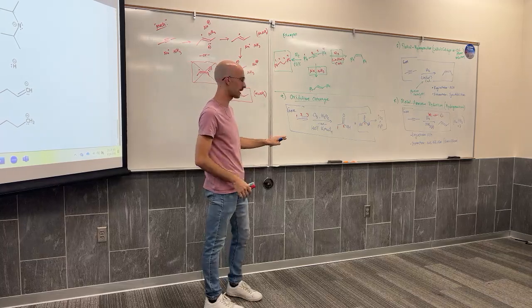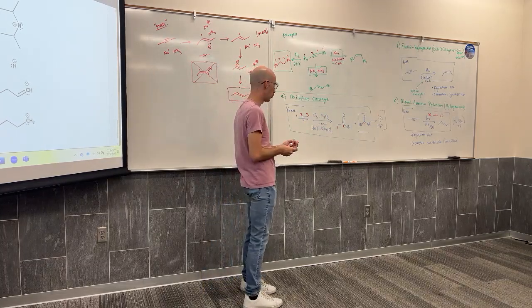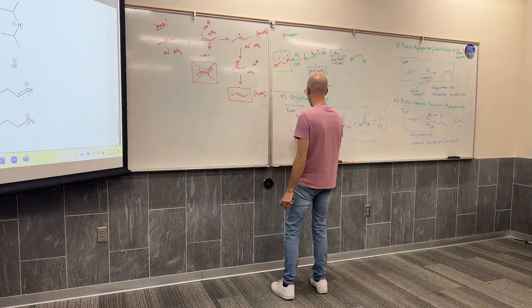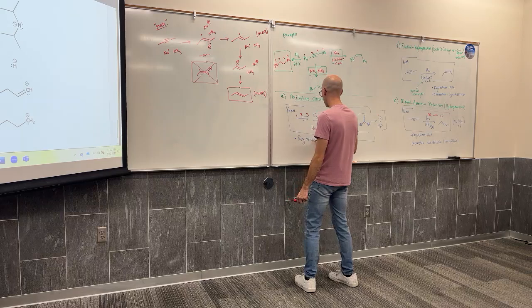So in other circumstances, when there's an internal alkyne, two carboxylic acids. That'll be the regiochemistry for this.